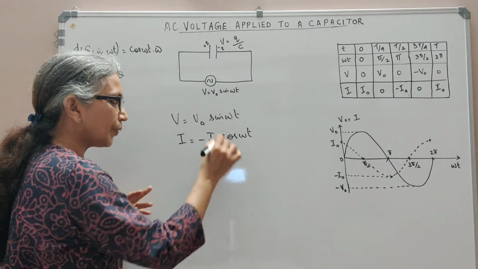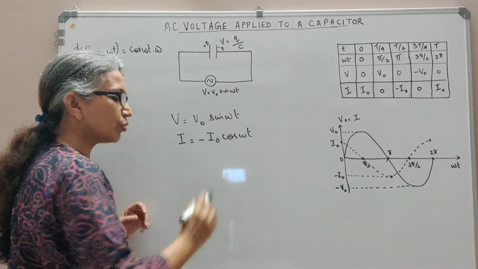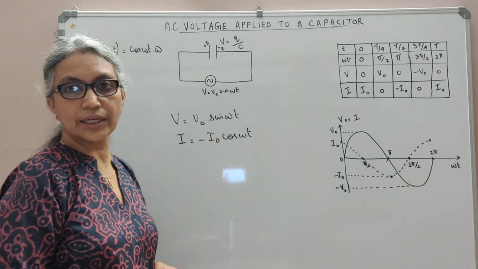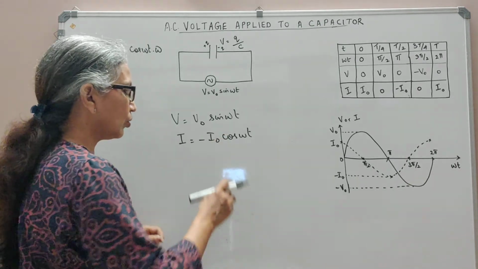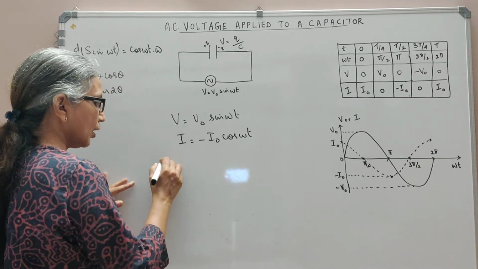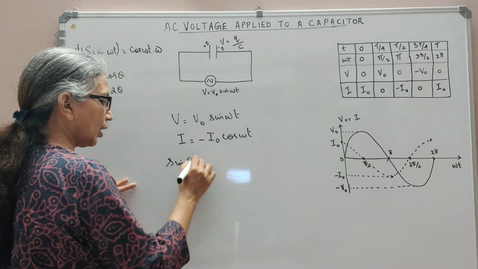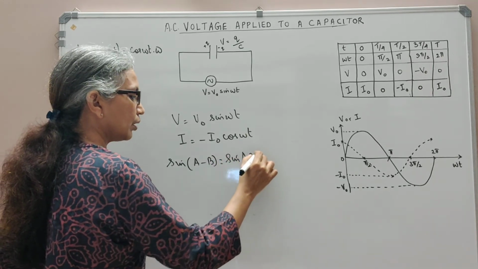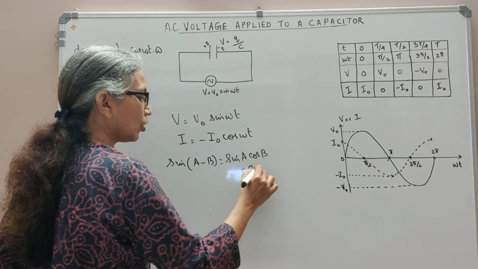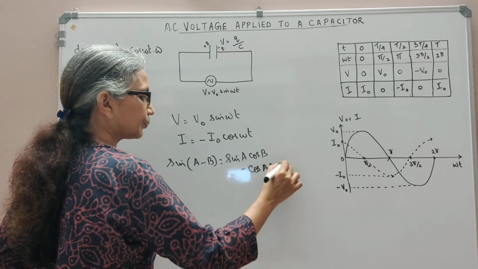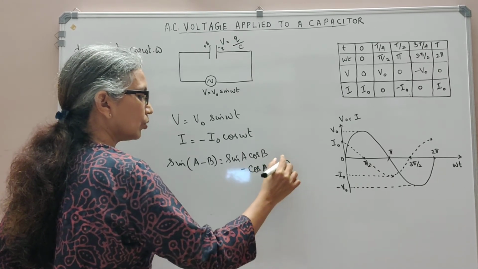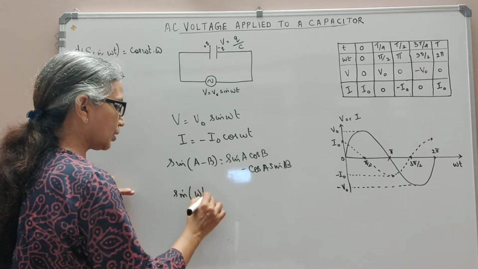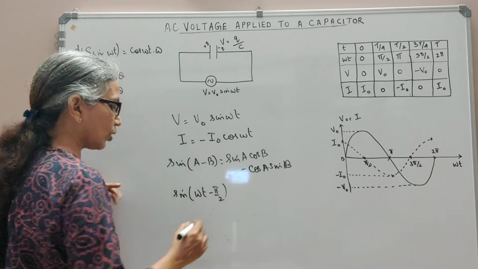So when we needed to compare the two equations, I asked you to use the identity for cos omega t. Why we did that is because, as you know, sine A minus B equals sine A cos B minus cos A sine B. So we used this as sine omega t minus pi by 2. This is what we did.